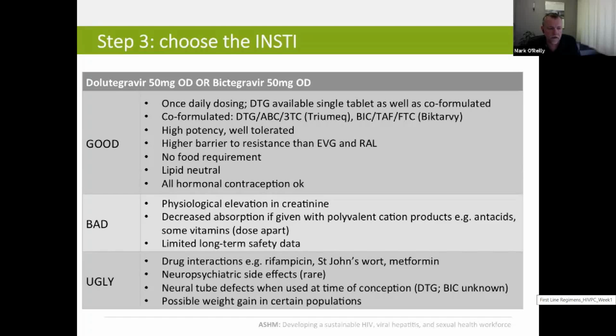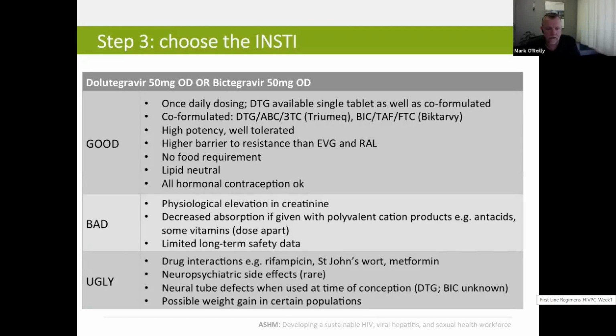So if they're dosed at the same time, those other agents can bind to and impair the absorption of dolutegravir and bictegravir. It's important to note, too, that they're both relatively new drugs.